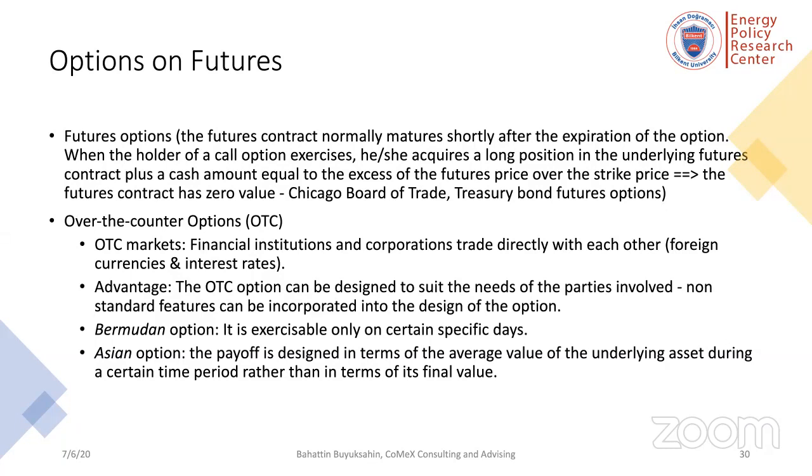For example, nearby WTI futures trading terminates 3 business days prior to the 25th calendar day of the month prior to the contract month. If the 25th calendar day is not a business day, trading terminates 4 business days prior to the 25th calendar day of the month prior to the contract month.